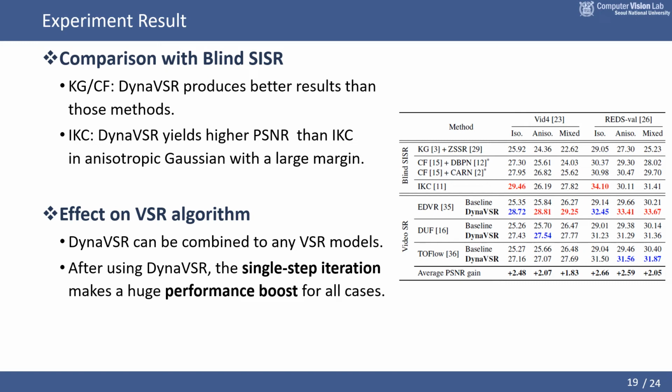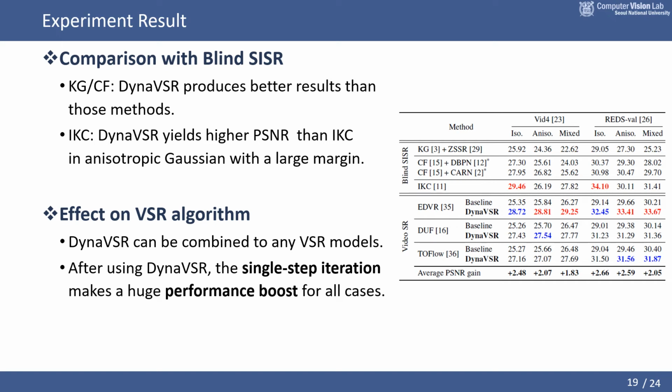IKC, which stands for Iterative Kernel Correction, performs kernel estimation and super-resolution in the same network. DynaVSR shows the best performance compared to blind SISR results, except IKC in isotropic Gaussian kernel settings. We attribute this phenomenon to the overfitting of the IKC method to isotropic Gaussians.